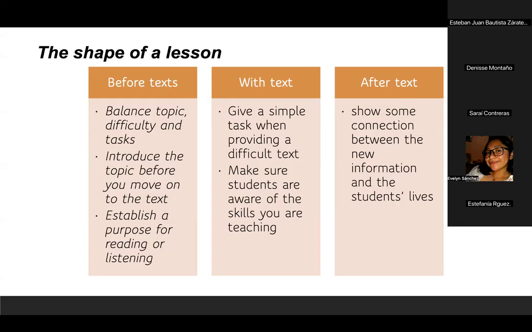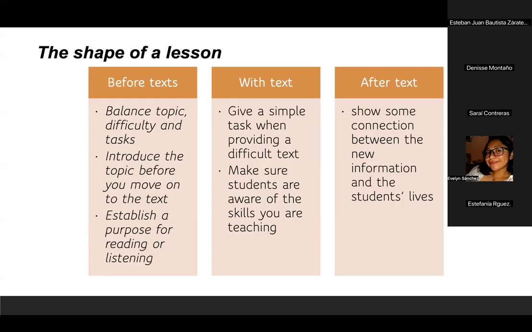Then the second aspect, make sure students are aware of the skills you are teaching. How you are going to make your students aware of the skills you are teaching? Well, in this case, you need to focus at the beginning of the lesson that you are rehearsing with them, for instance, scanning for information in the written text.